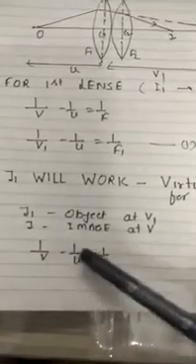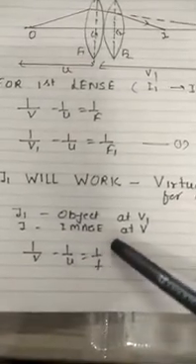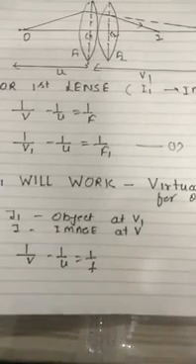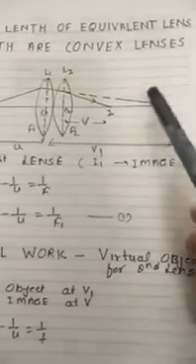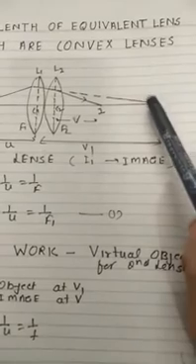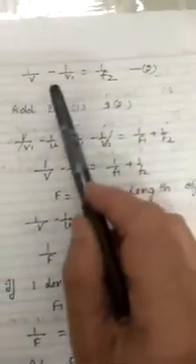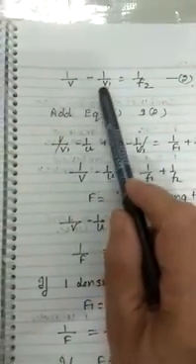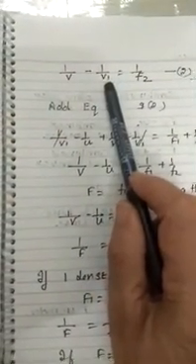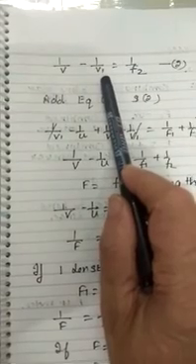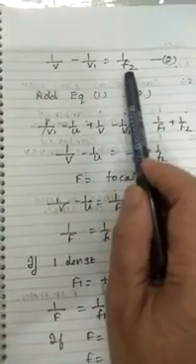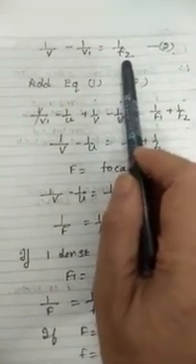And 1 upon V minus 1 upon U is equal to 1 upon F. This is the lens formula. I1 is the object and I is the image, so we will put here 1 upon V minus 1 upon U. What will we put in place of U? V1. This is the distance of the object for the lens L2, and this is the focal length of the L2 lens.